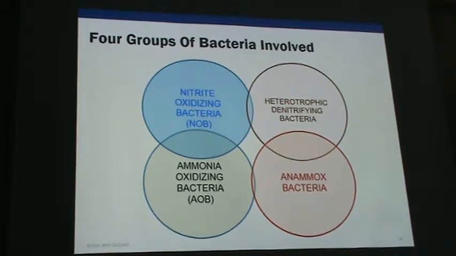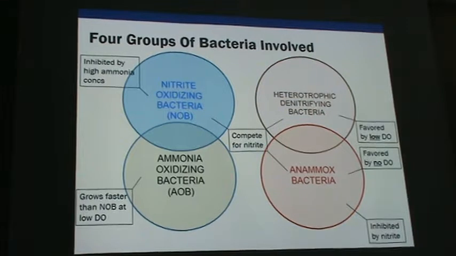Now, they all have a problem with each other because in order to grow the Anammox bacteria, we have to freeze out the NOBs and the denitrifiers. We need the AOBs to work because that generates the nitrite.